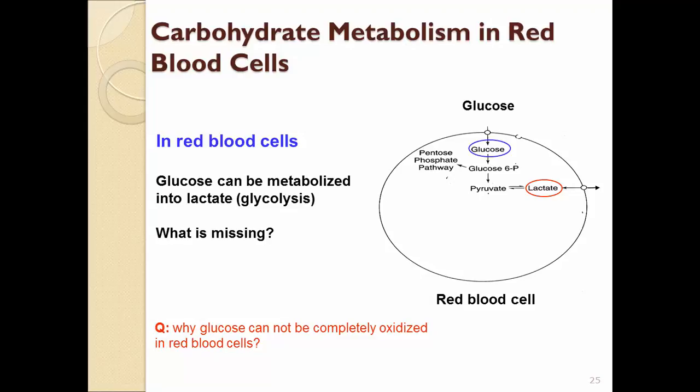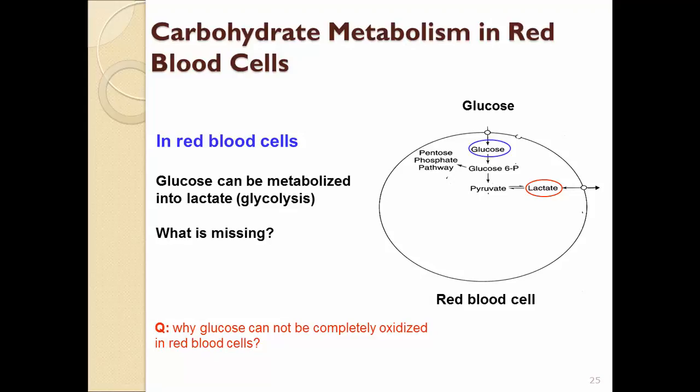And red blood cells. Red blood cells are cells that only utilize glucose for energy, right? They cannot use fatty acids, cannot use protein for energy, only glucose. The reason you probably already know, right? What's missing? Mitochondria.